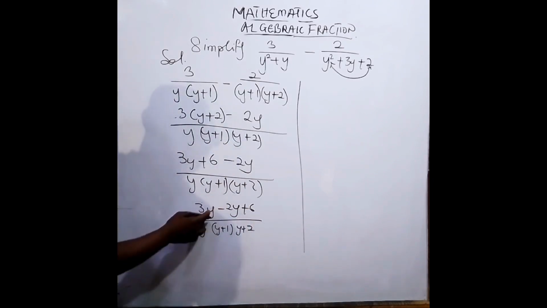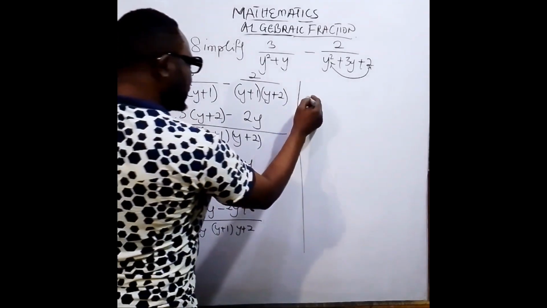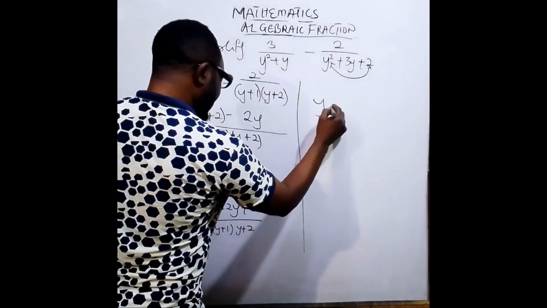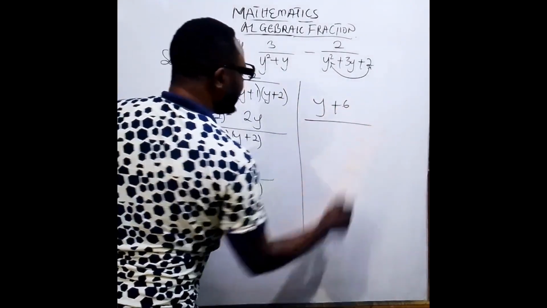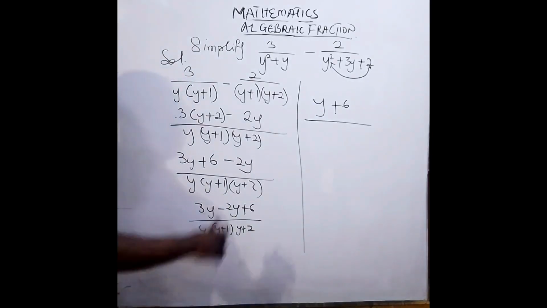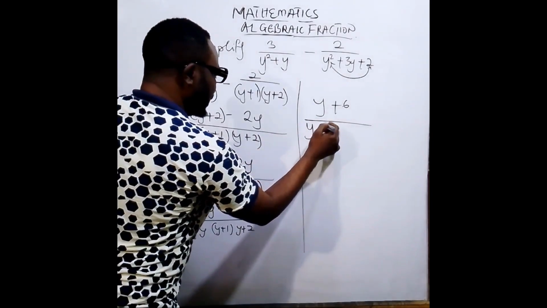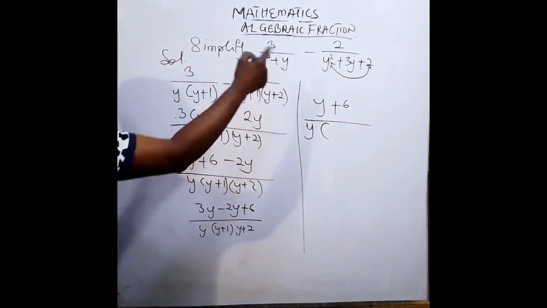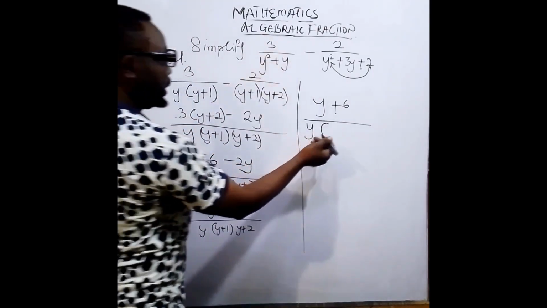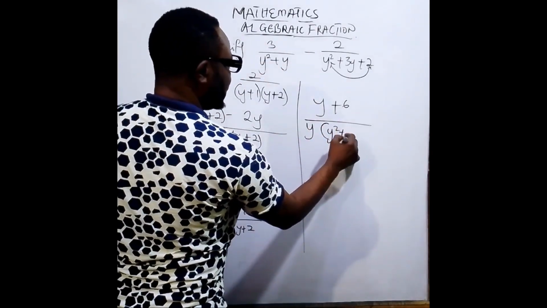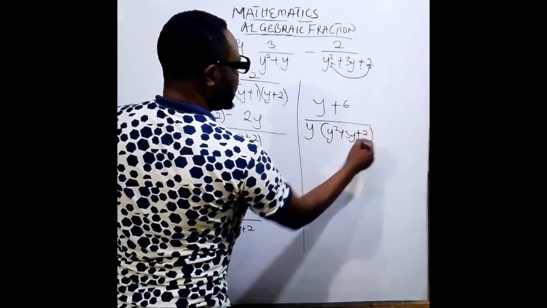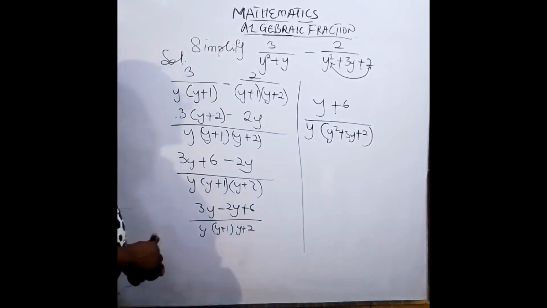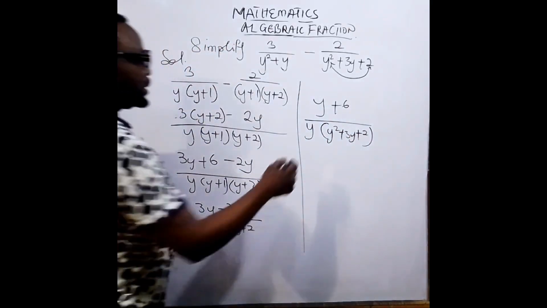So 3y minus 2y will be equal to y plus 6. That is what we have at the numerator now. Then you have y into bracket the expression. Let's return it back to the form that it is there: y squared plus 3y plus 2. That is the answer we are going to have for this expression here.